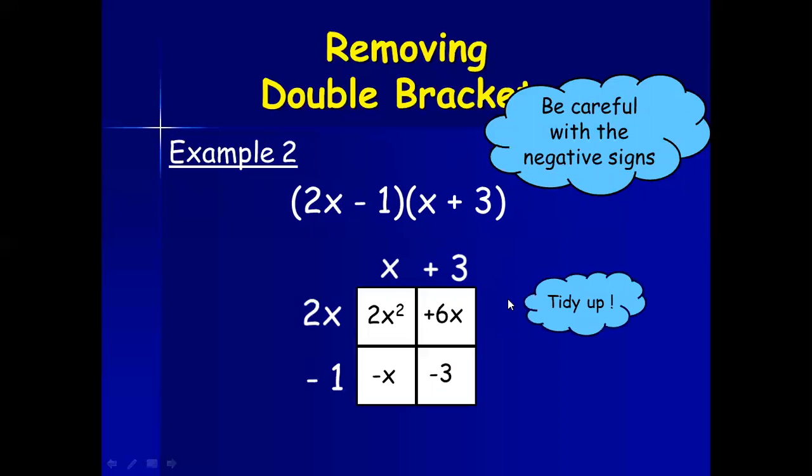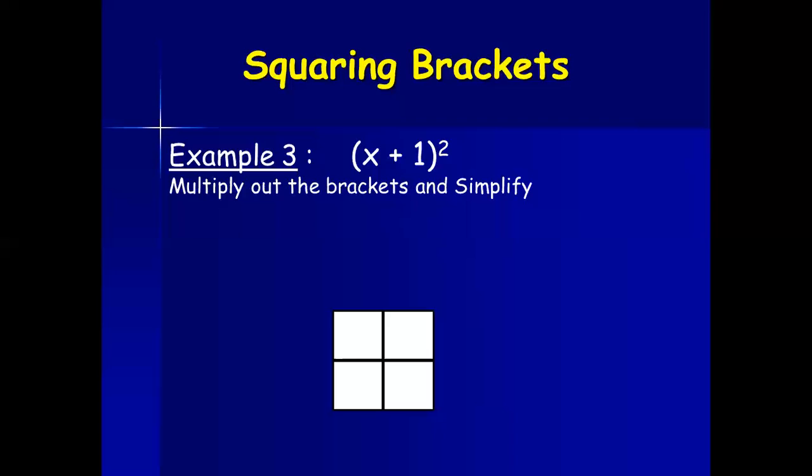Start tidying up. 2x power 2 is by itself, so I will write it first, and then 6x minus x, the like terms, is equal to 5x, and then -3 alone. So that's the answer.